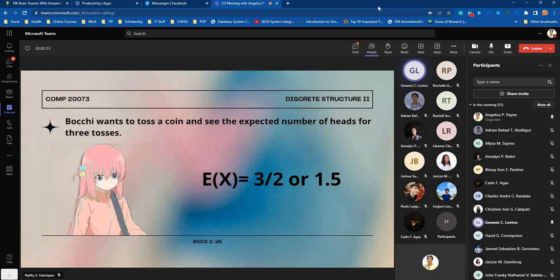So every time na nagtotoss ka ng 3 coins, usually ang lalabas diyan is 1.5 heads. Bakit may 1.5 heads? It's actually an approximation. So it's a probability na meron tayong heads or tails sa ating middle element. So may shortcut kasi yan.